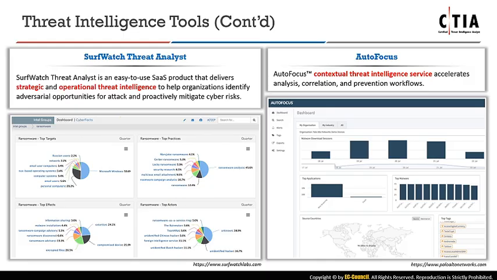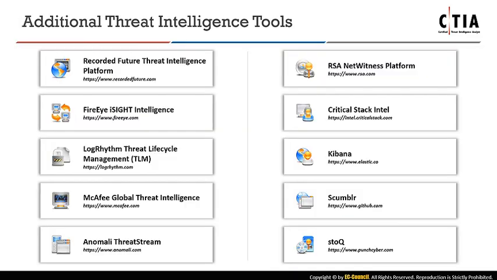AutoFocus. Again, this is one that some of my clients use. This is contextual threat intelligence services that helps you accelerate analysis, correlation, prevention, and works again with workflows. And by the way, virtually all of these products have workflow capability. So that's one other thing I appreciate about them.